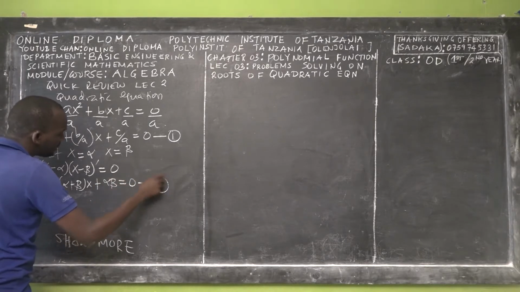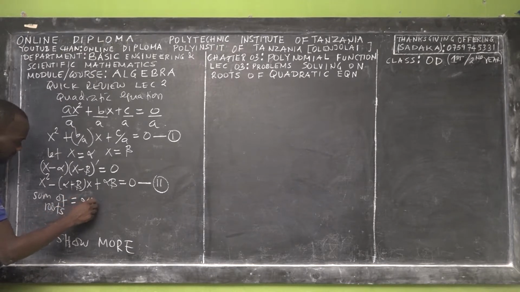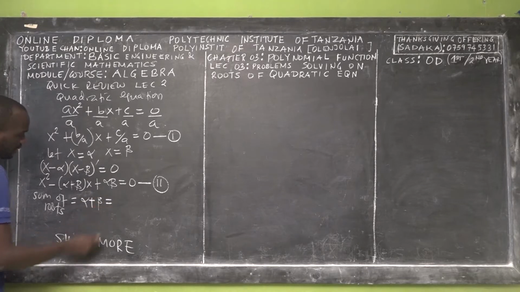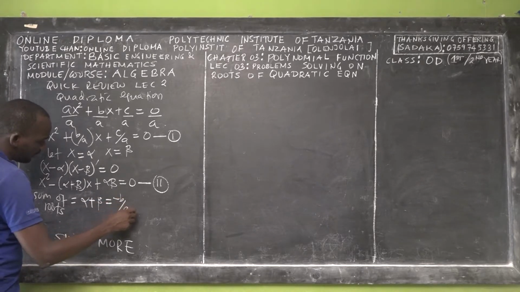So we compared these two equations. When we compare them, we find that the sum of the roots, alpha plus beta, is equal to negative b over a.